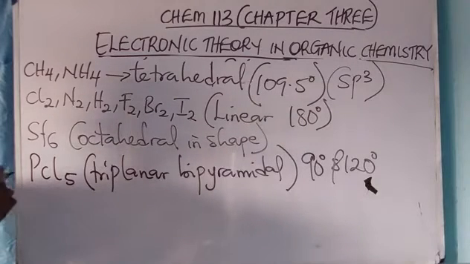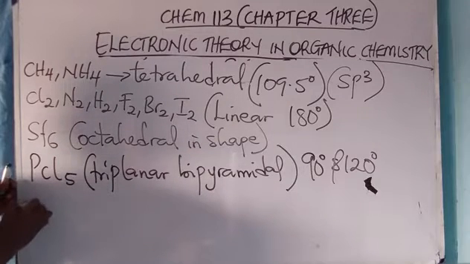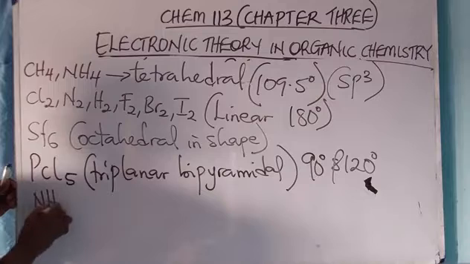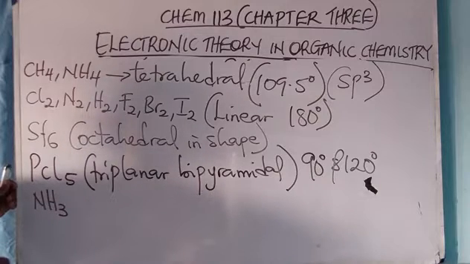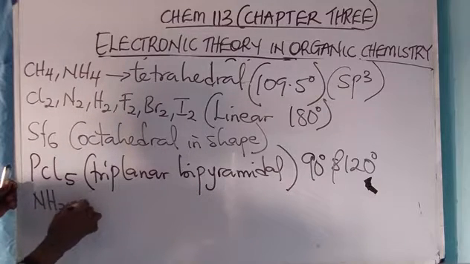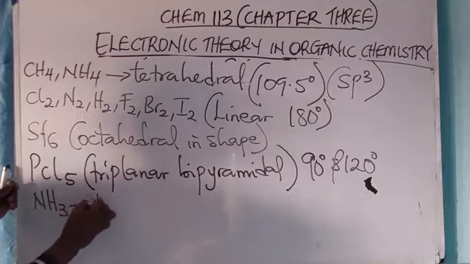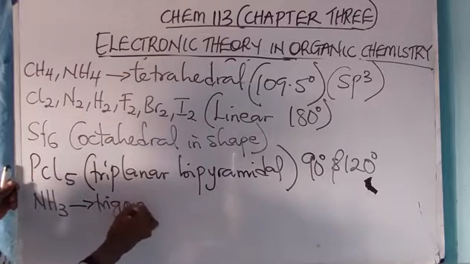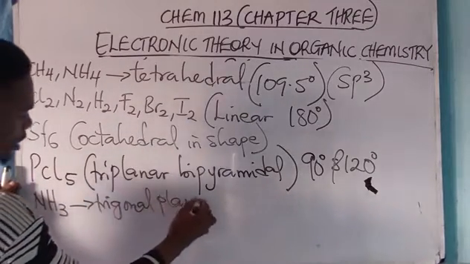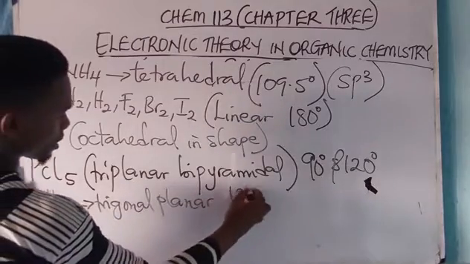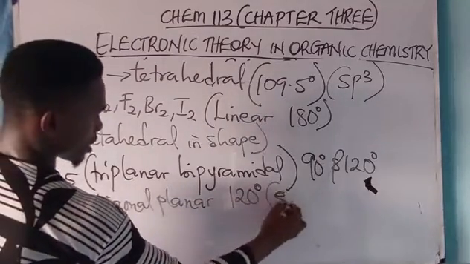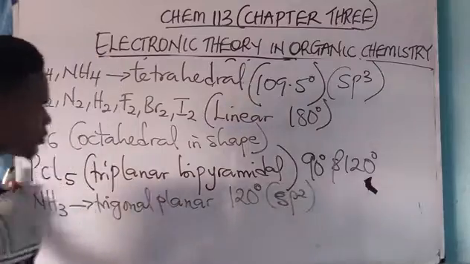We now have certain elements that are planar. That is a planar element or compound. We have NH3, trigonal planar in shape, and it has a bond angle of what? 120 degrees. It is sp2 hybridized.